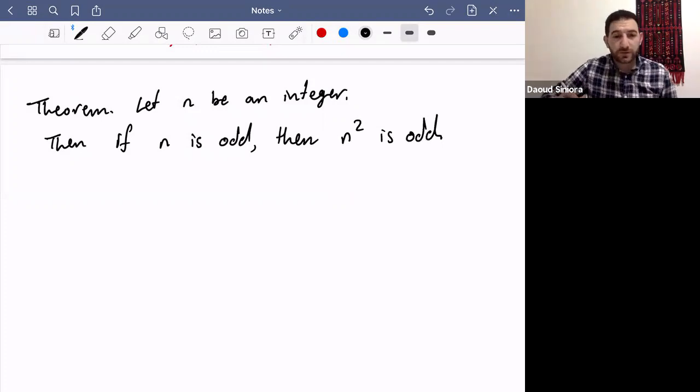So you see, we want to prove that if we choose any integer n, if it happened that n is odd, then its square will also be odd.